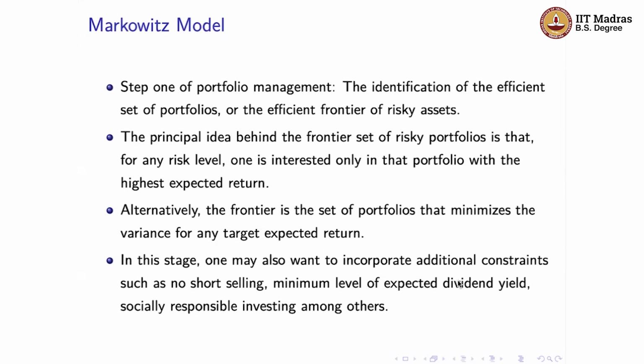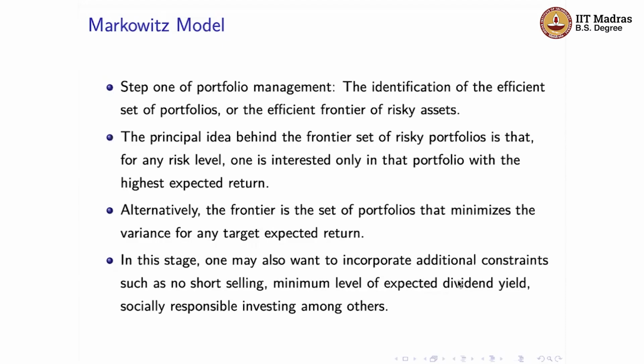Either we fix the risk level that we are interested in and think about the portfolio which will give us the highest expected return constrained to that risk level. Or alternatively, we can fix the targeted expected return and then think about the portfolio that will give us the minimum variance corresponding to that, right?